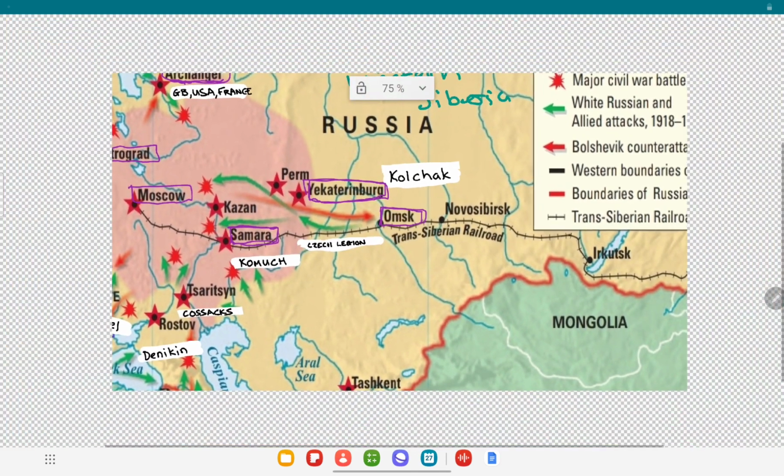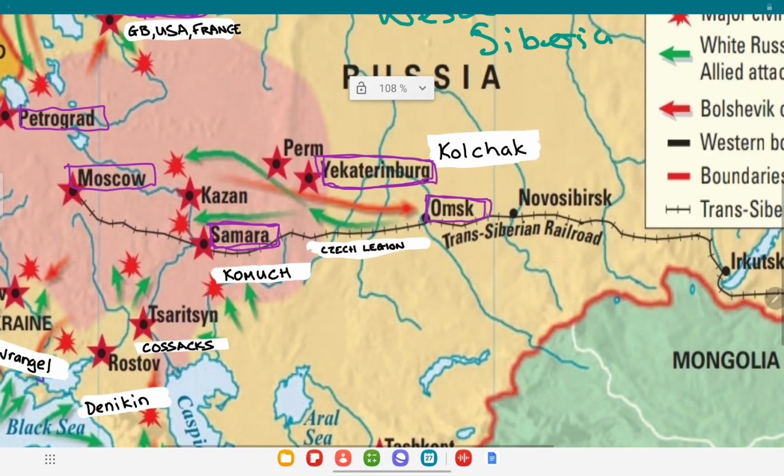Kolchak is important too, because Kolchak is a good example of the divisions within the white forces, because Kolchak actually led a coup against the Komuch and the provisional government of Siberia, as it was called, which was based in Omsk.